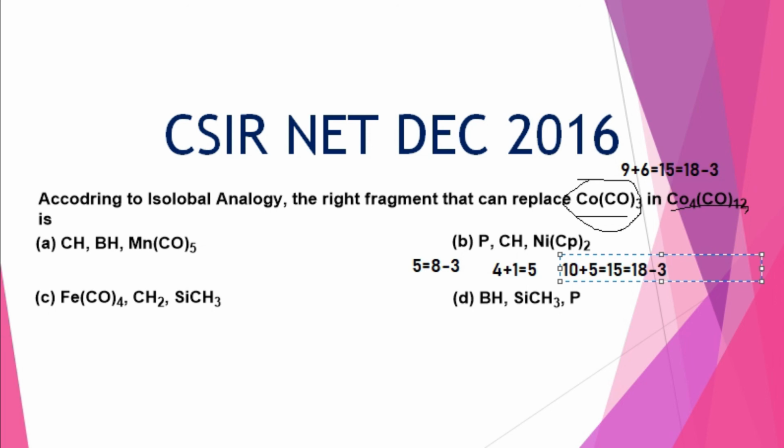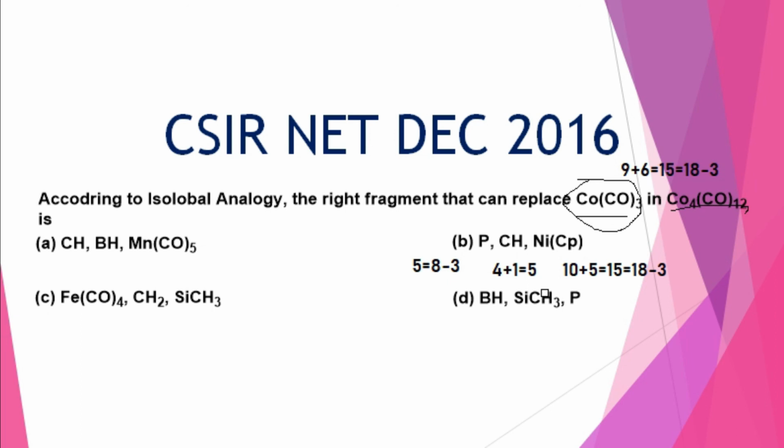So 3 electrons are needed to fulfill its valence shell. So all of these fragments need 3 electrons to fulfill the valence shell. So in option B, all the fragments are isolobal to the Co(CO)3 fragment. So this is the correct option. One thing worth mentioning is that this is not NiCp2, this is NiCp. Okay, so this is all about the isolobal analogy.